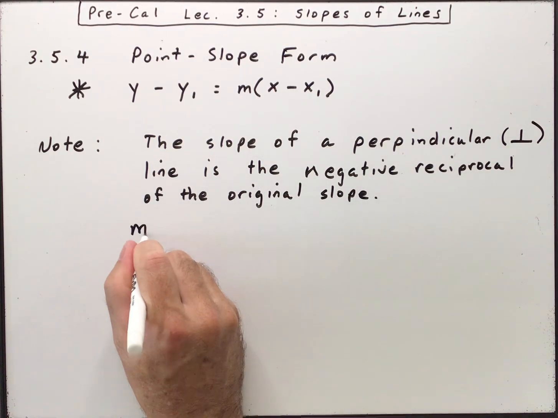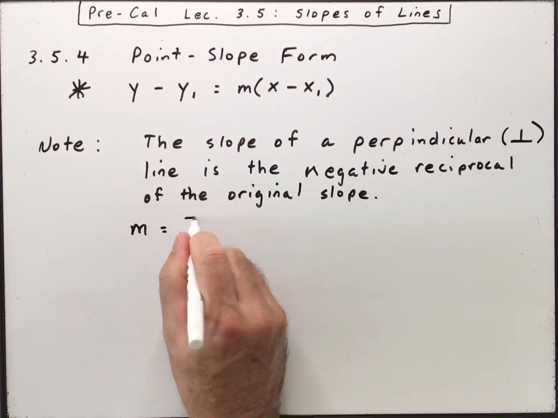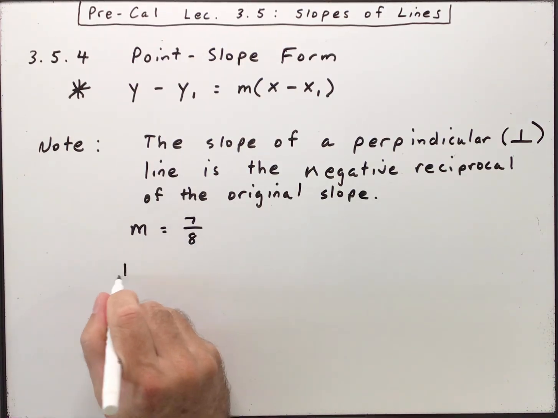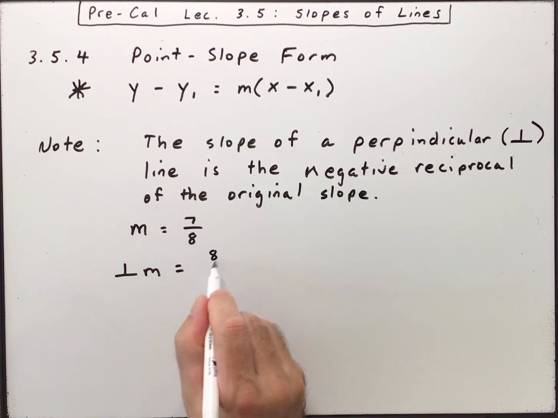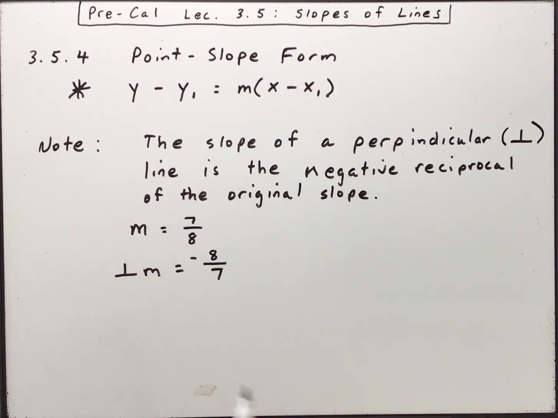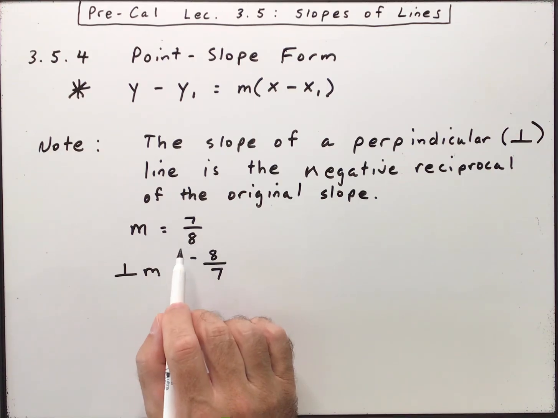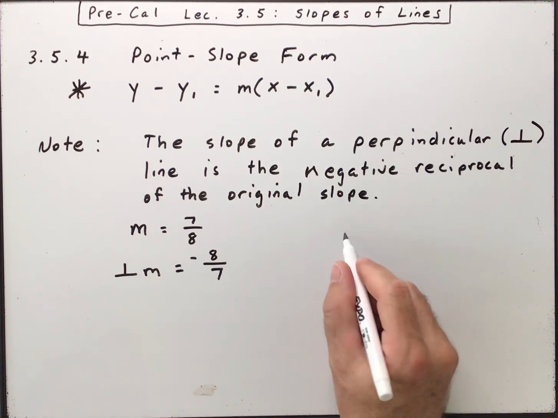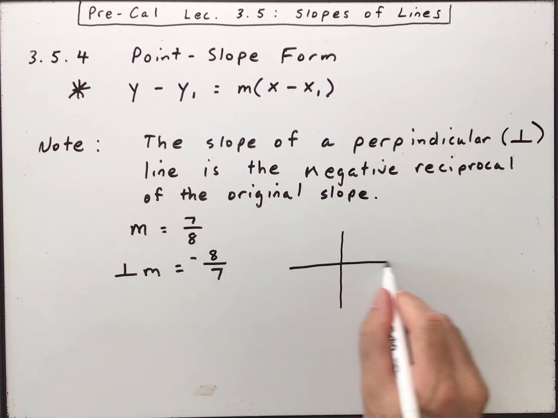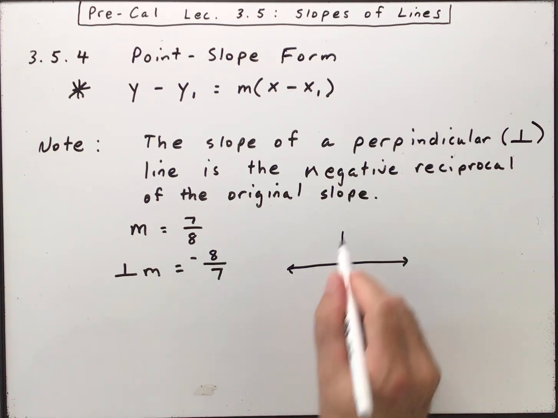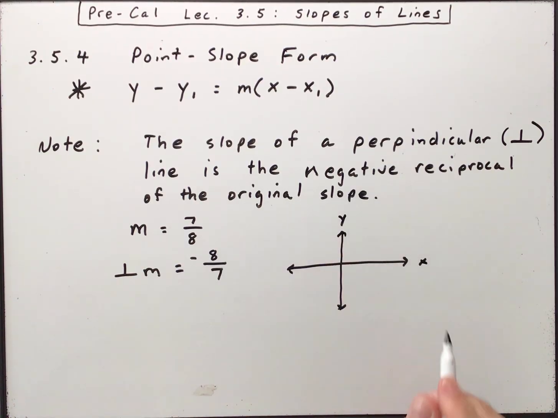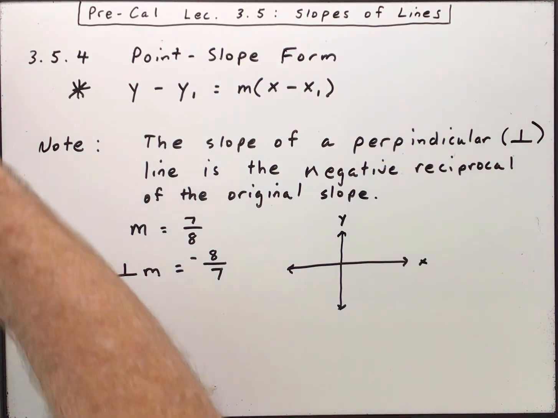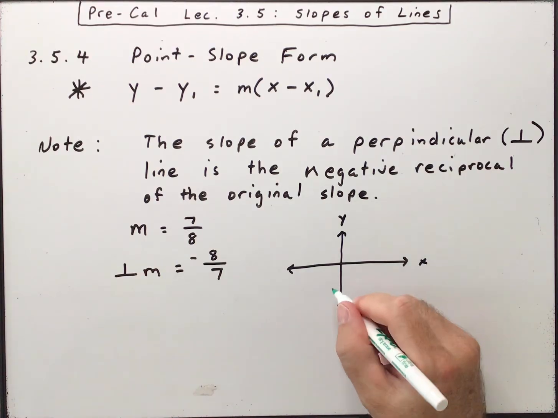So let's say your line has a slope of 7/8. Then the perpendicular slope would be negative 8/7. You flip that and change the sign. Okay? You would still use one of the same points on the line, but you could get the equation for a perpendicular line. So what I mean by that is, let's say we have a line like this.